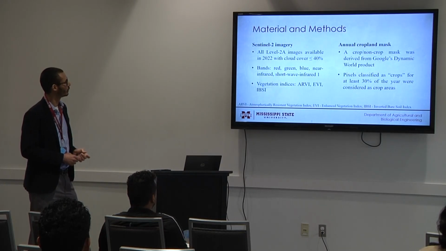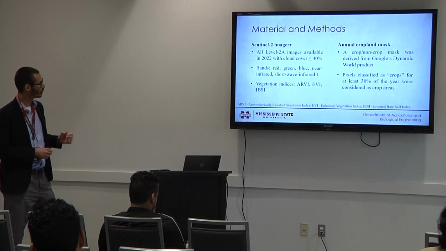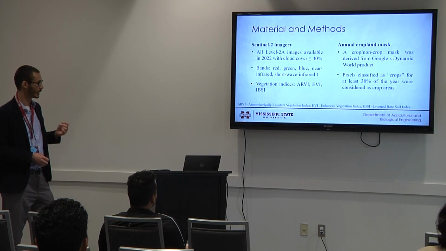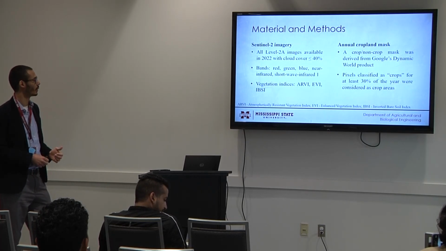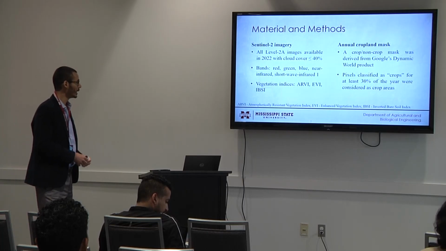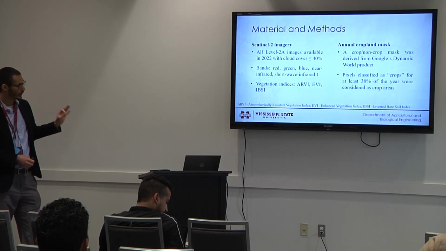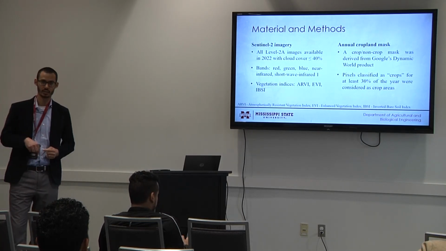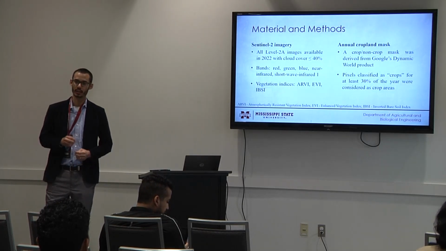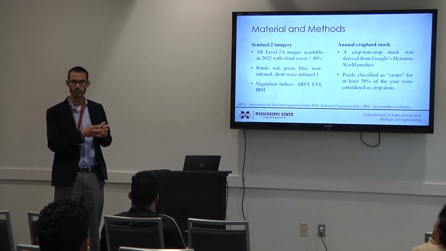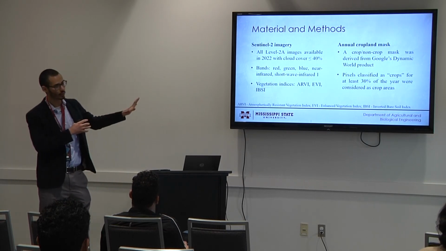In terms of data sources, we used all Sentinel-2 images available in 2022 with cloud cover equal to or less than 40%. We used the red, green, blue, near infrared, and shortwave infrared 1 bands. We also added some vegetation indices because we observed that they have good potential to highlight the field edges. When you are using the Segment Anything Model, you can extract every object within an image, but here we are just trying to extract field boundaries.